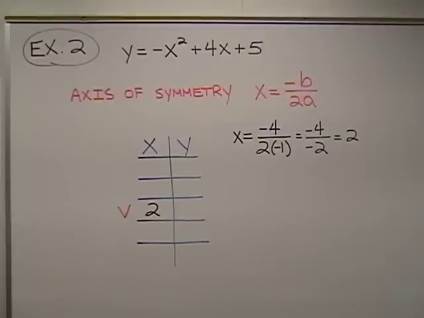And a, which is the coefficient of x squared, is negative 1. Don't forget the negative. So we put negative 1 in place of a. So when we go ahead and simplify negative 4 over 2 times negative 1, we find out that our x-coordinate for our vertex is going to be 2.